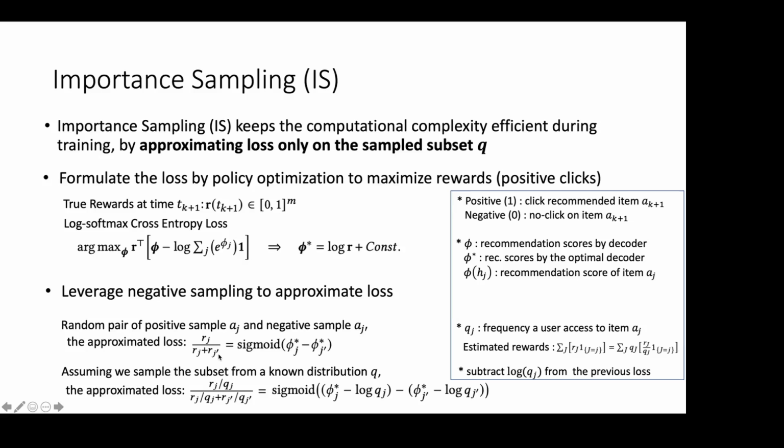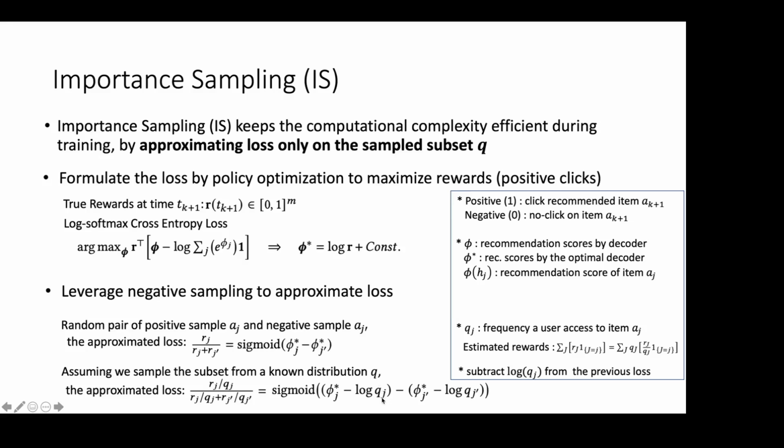The loss can be written as this. This represents the scores for the positive samples in a random pair of positive samples, and this represents the scores for negative samples in a random pair of the sample data set. And that loss can also be revised into this form, assuming that the distribution Q is already known.